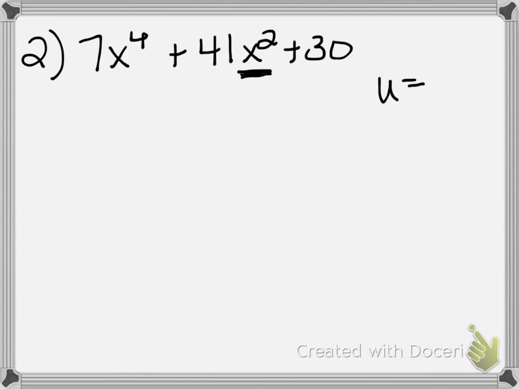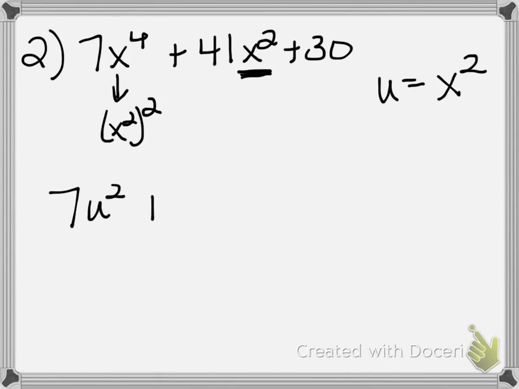However, for our disguised quadratics, that would be where that linear term is. So u equals x squared. Anywhere I see an x squared, I'm going to use a u. Remember, x to the 4th is x squared squared. So I'm going to have 7u squared plus 41u plus 30.